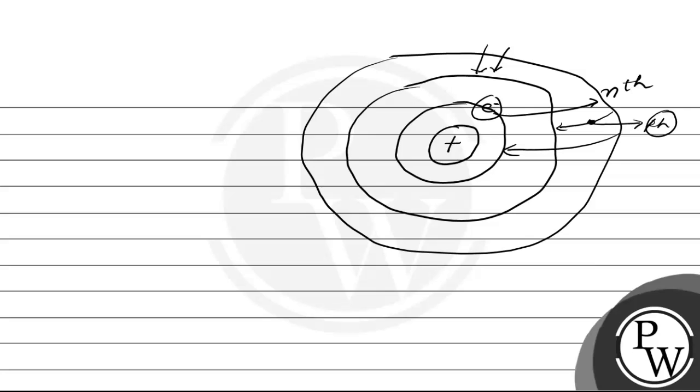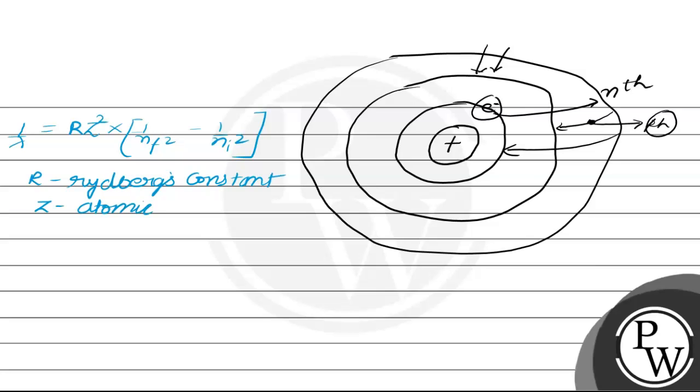So the photon has some energy whose wavelength lambda can be given as 1 upon lambda equals R Z square, 1 upon n final square minus 1 upon n initial square, where R represents Rydberg's constant, Z represents atomic number of the element, n final represents the final energy level in which the electron has jumped, and n initial represents the initial energy level.